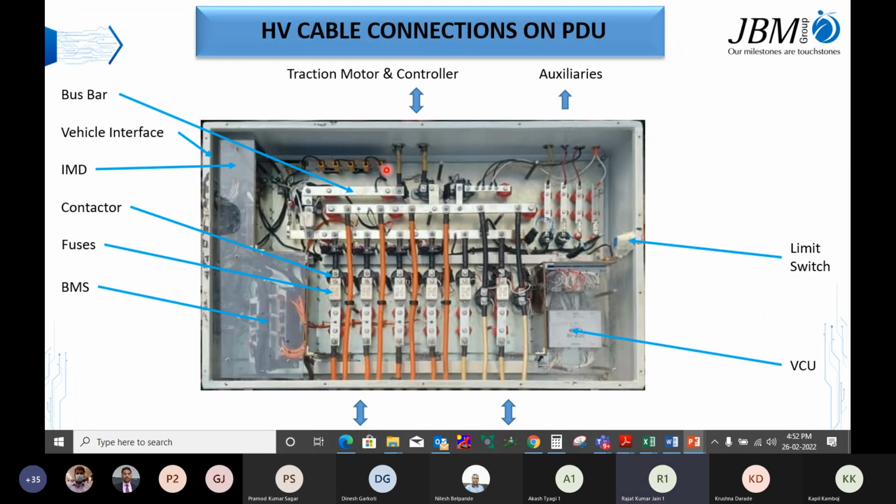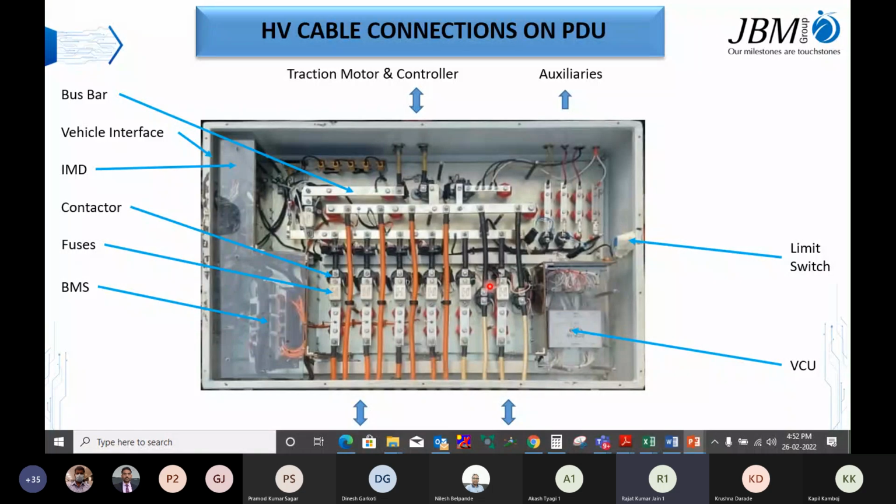Let's go to the charging socket part. We have 2 charging sockets in the vehicle, so there are 4 cables. The first pair is for charging socket 1, positive and negative, and the second pair is for charging socket 2, positive and negative.